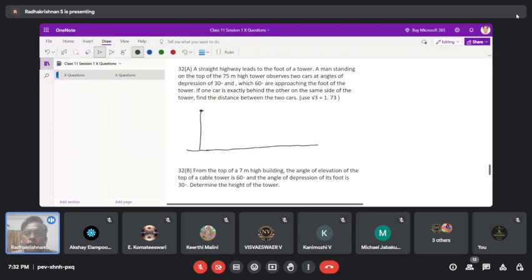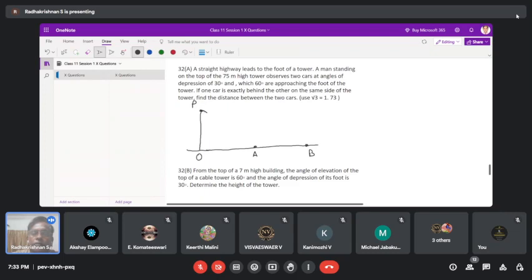So let us say there is one car here, car A. There is one car here, car B. So they are following each other. Let us say this point is P. The angles of depression of the two cars are given as 30 degrees and 60 degrees.